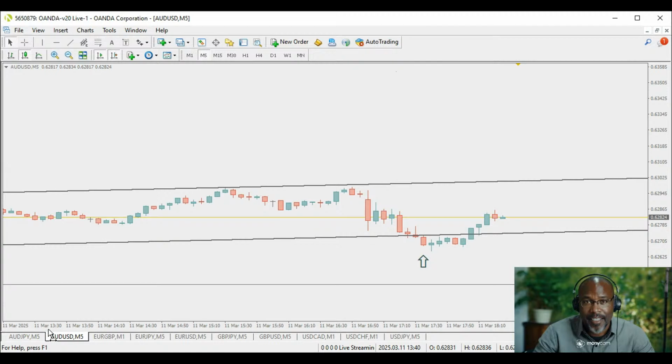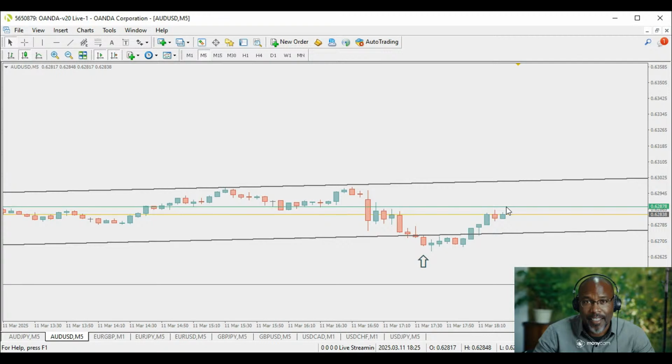Okay, I was going to exit the Aussie dollar US dollar because it is showing weakness near 30-minute resistance, which is probably about somewhere in this neighborhood.